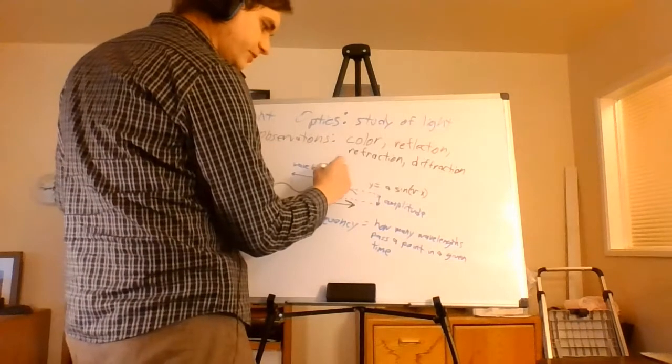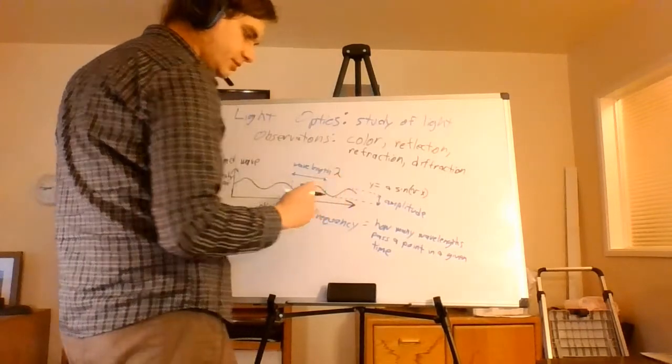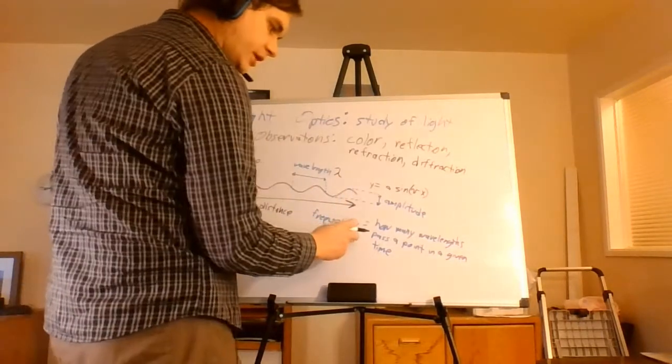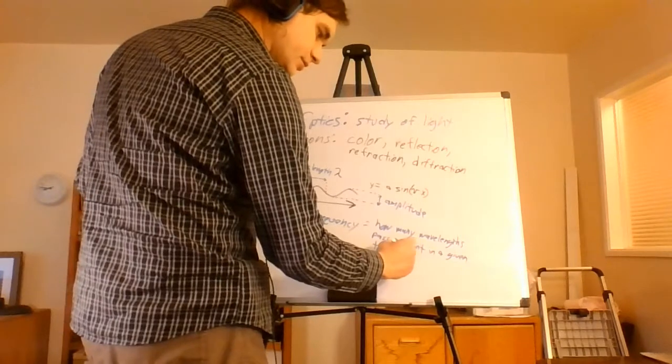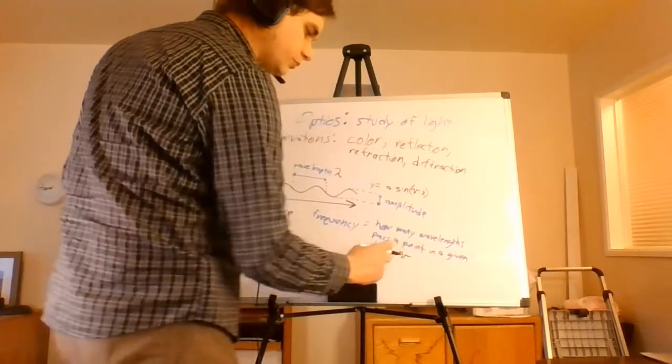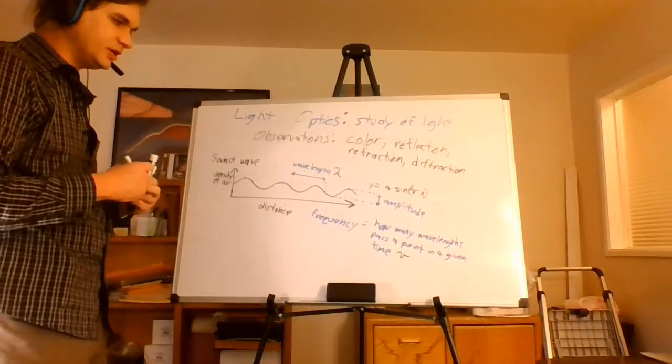Wavelength is usually given the symbol lambda, a Greek letter, and frequency is usually given the Greek letter nu, which looks very much like a V but is not actually a V.